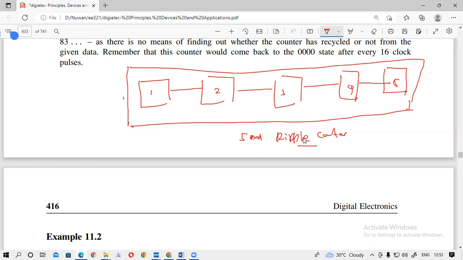It may be pulses or goods or anything you need to count. If each flip-flop has 2 nanosecond propagation delay, the propagation delay is 2 nanoseconds.